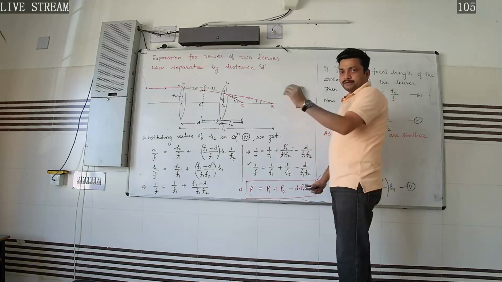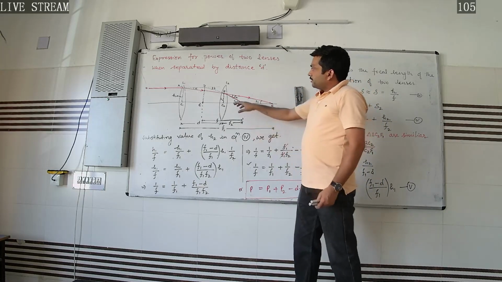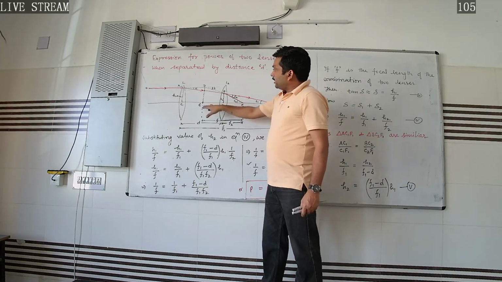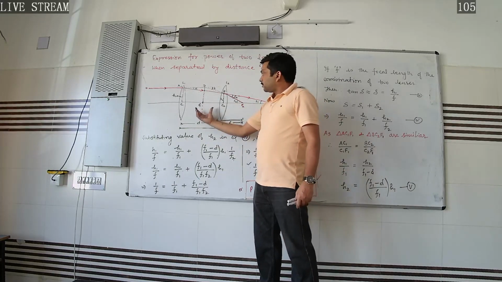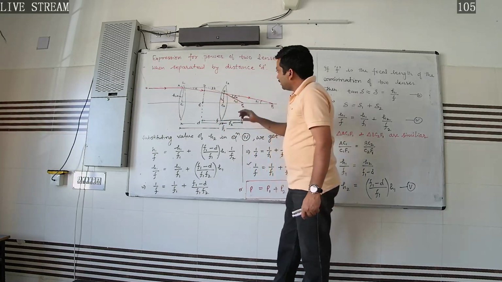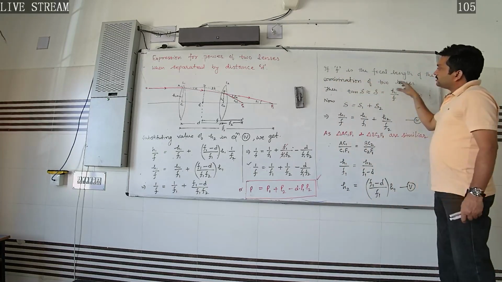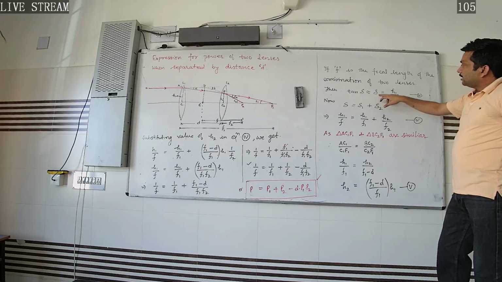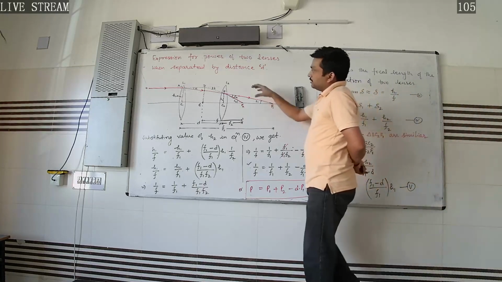So we have delta 2 is equal to H2 over F2, equation number 2. After that, let us consider the equivalent lens, the combination of these two lenses, which produces the net deviation delta. If F is the focal length of the combination of the two lenses, then tangent of angle delta is approximately equal to delta, and that will be equal to H1 over F. Why have I written this?